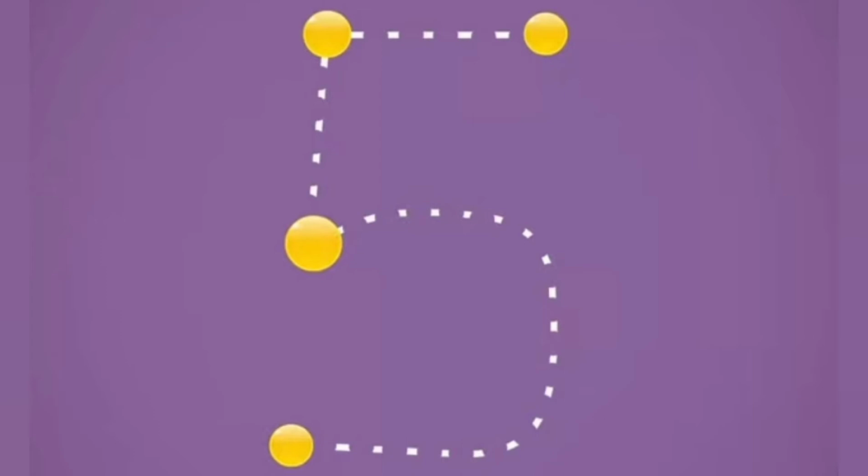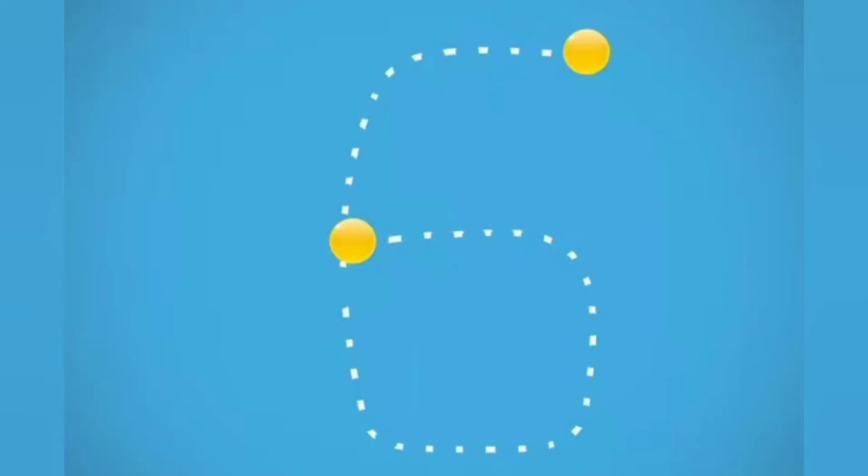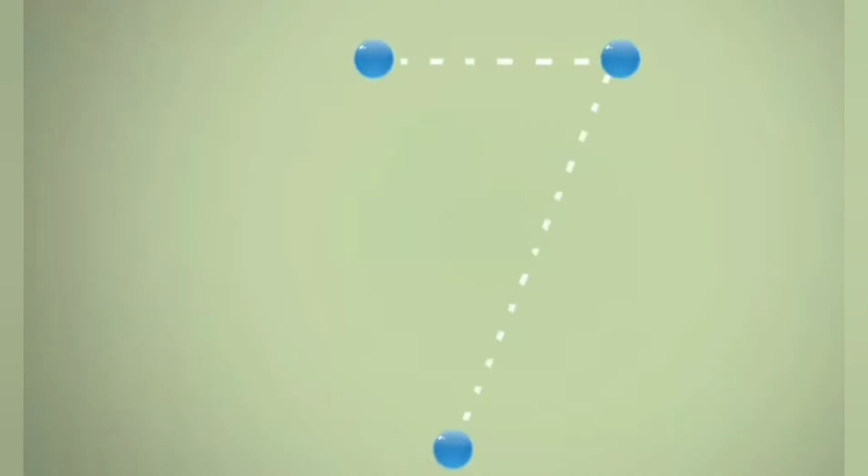Down and round with a flag on high. Every time, it's number 5. Make a curve, then loop in quick. Got the scoop, it's number 6. Across the sky, then down from heaven.